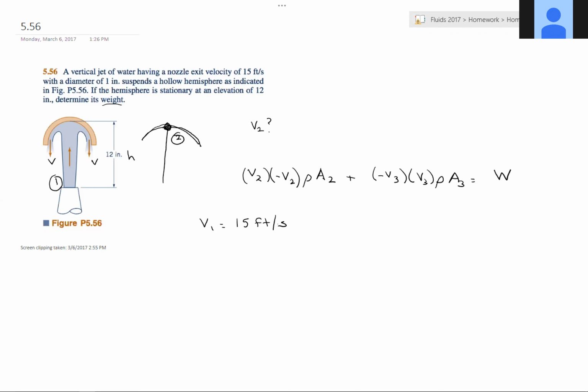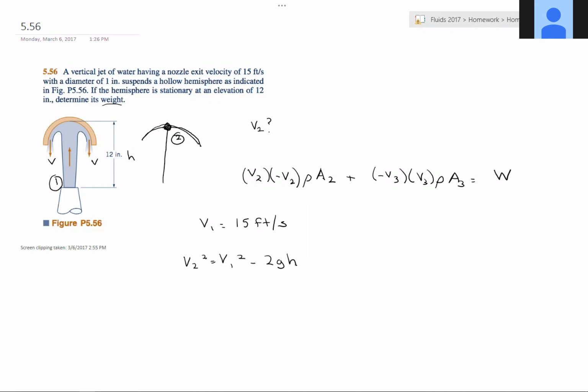So basically what we could say is we'll start at the top. We'll just say V2, all right? So V2 squared is going to be equal to V1 squared minus 2GH. So that's the difference in the height.